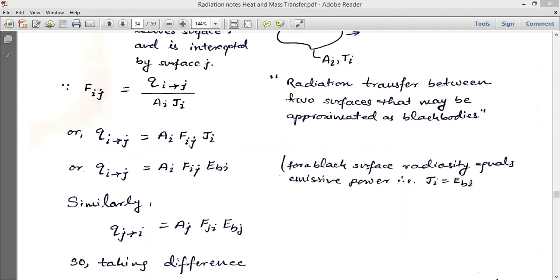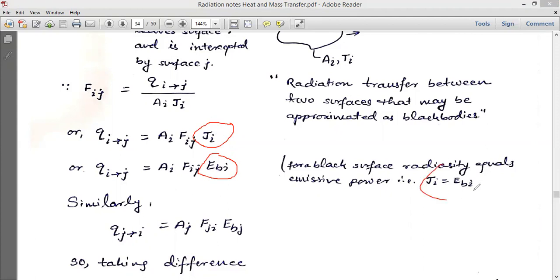Since the body that we have considered here is a black body, we know that in the case of a black body, the radiosity is equal to the radiation emitted by that black body, or the emissive power of the black body. So for the black body, J is equal to Eb, where J is the radiosity and Eb is the emissive power.